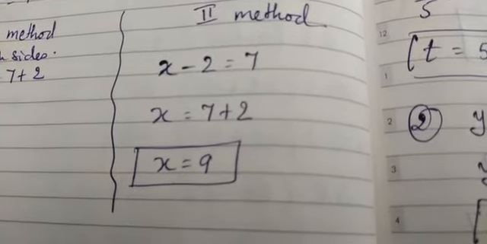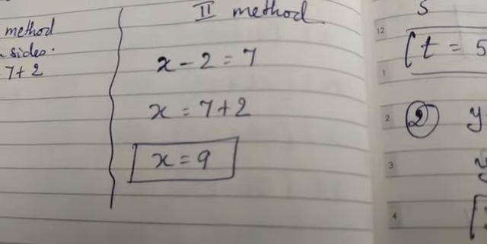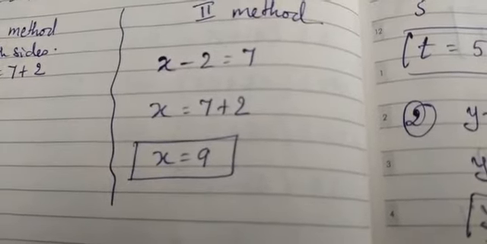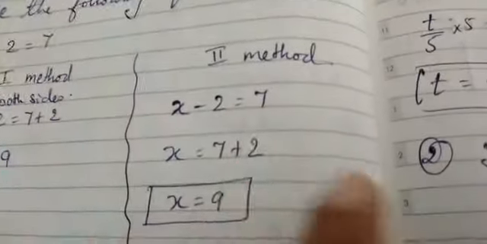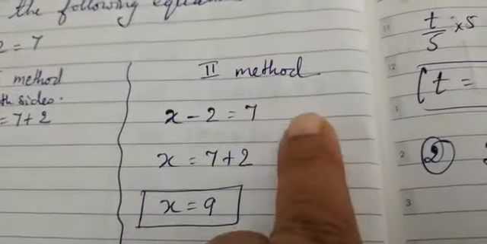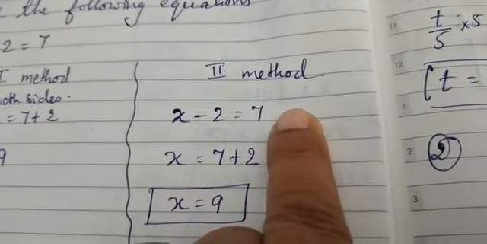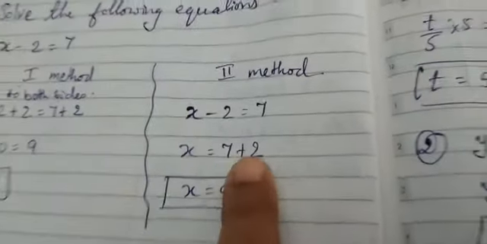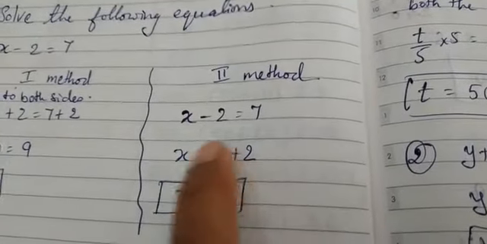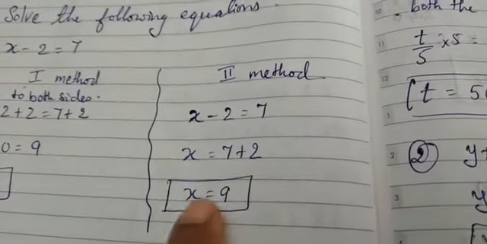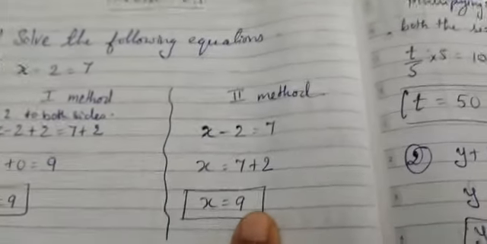On transposing, the sign changes. Negative becomes positive and positive becomes negative. So you can see minus 2 is taken to the other side of the equal to sign, and I have kept it behind 7 with the opposite sign. Negative 2 becomes positive 2. 7 plus 2, x is equal to 9.